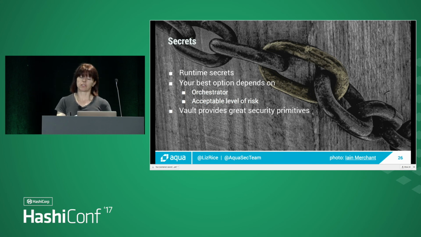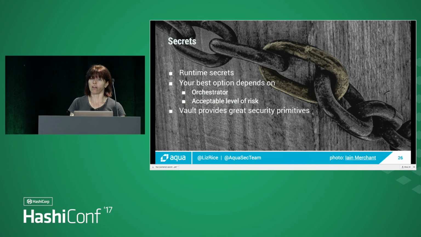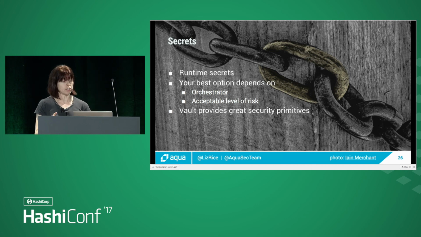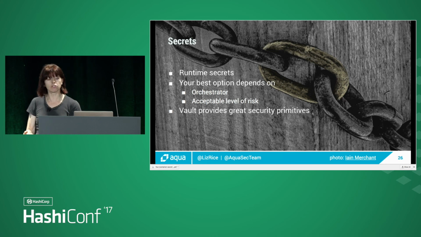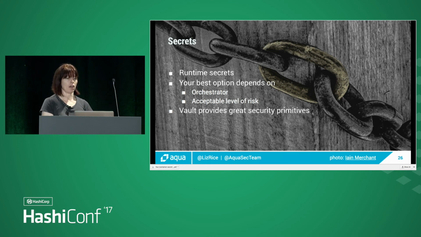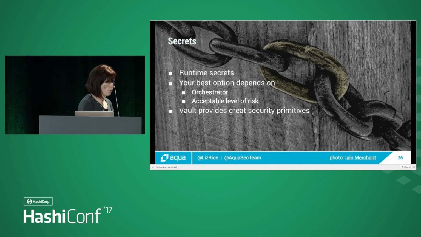Whatever, Vault does provide really great underlying security primitives, the storage solution for secrets, and the ability to have Vault using a backend where the secret data can be held in a variety of different physical storage mechanisms, gives you the ability to tune that to your particular environment and your particular requirements.